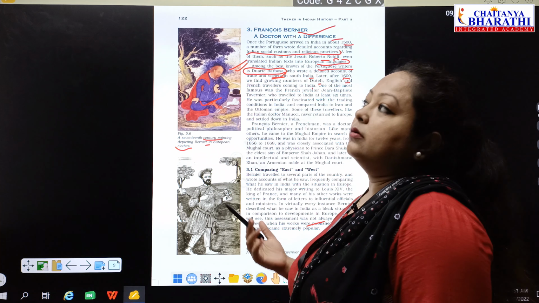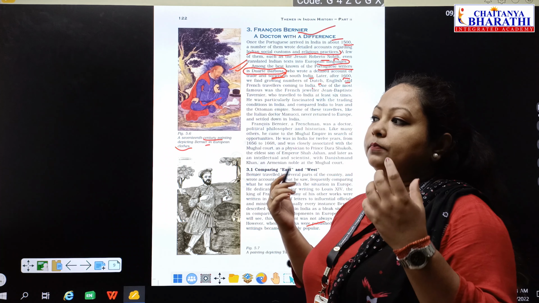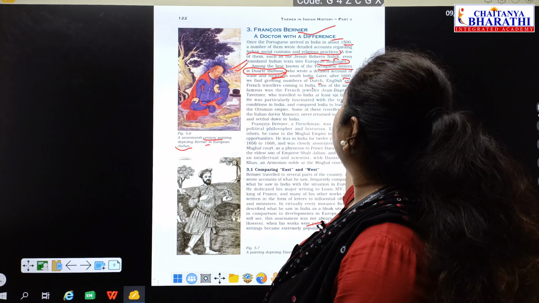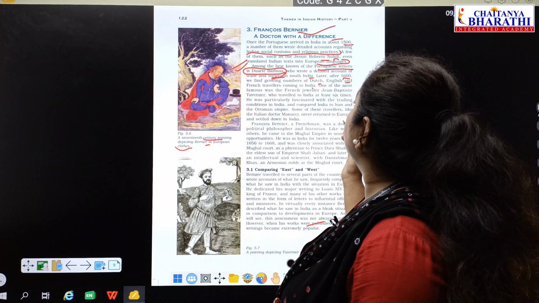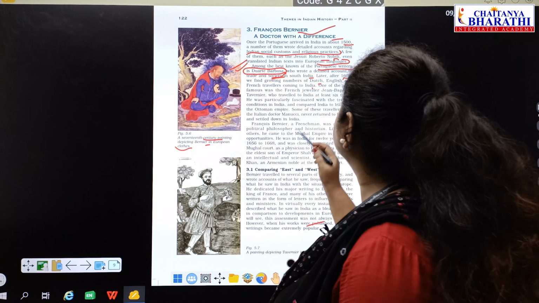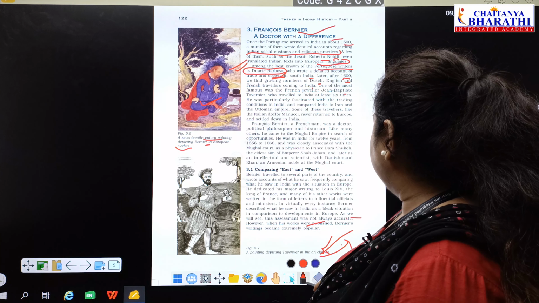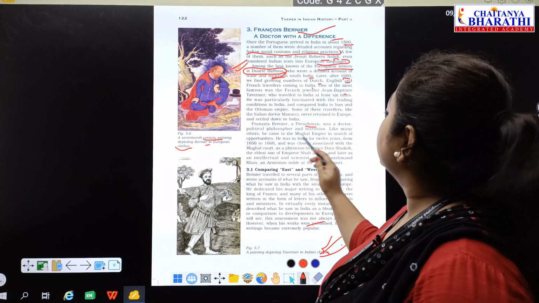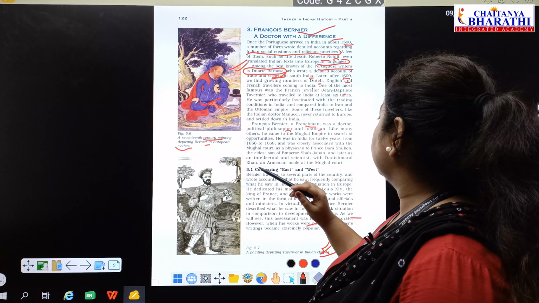That means people from the Dutch, the English, the French, and the Portuguese traveled to India at different periods of time. Okay, now let us see what is said about Francois Bernier. Francois Bernier was a Frenchman and was a doctor, political philosopher and historian.